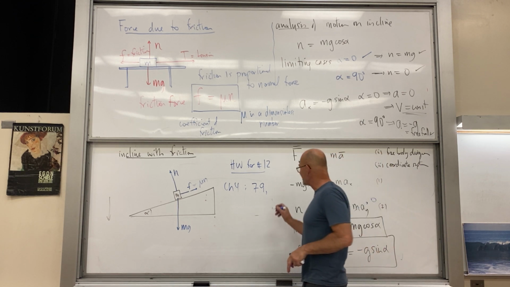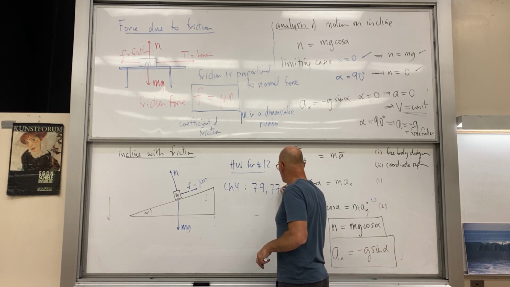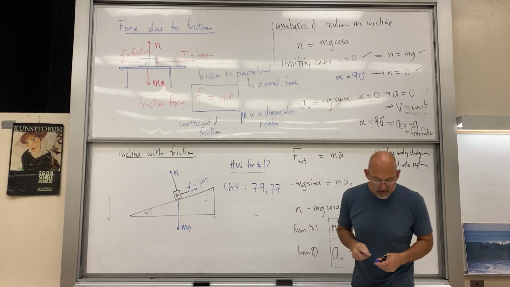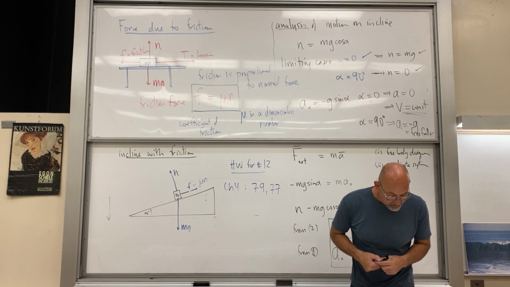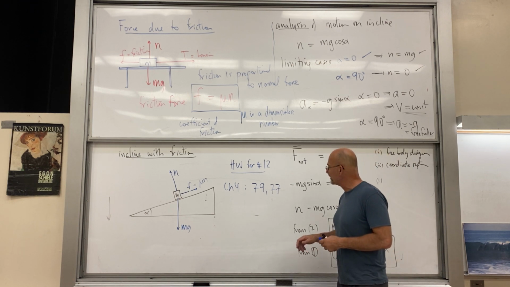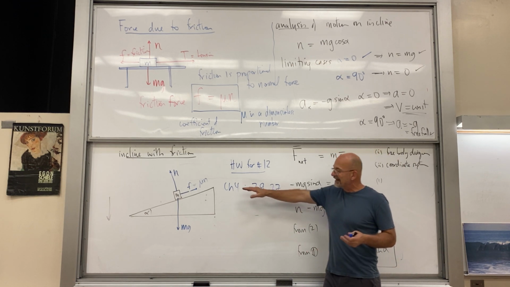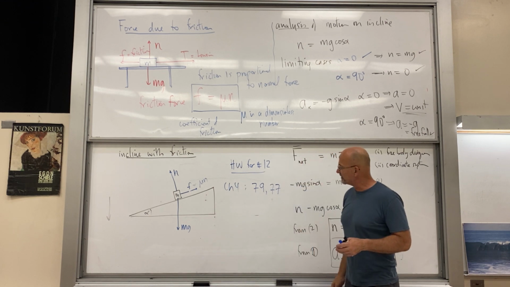And 77. Those are pretty good. Good. We'll do these two. They involve friction. They involve inclines. They're actually pretty rich in content.